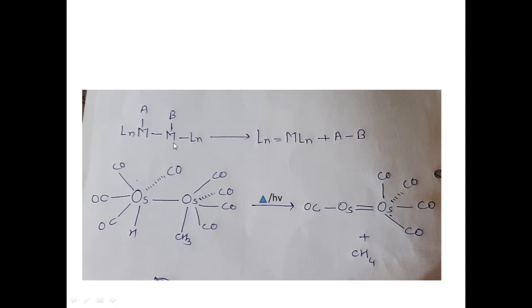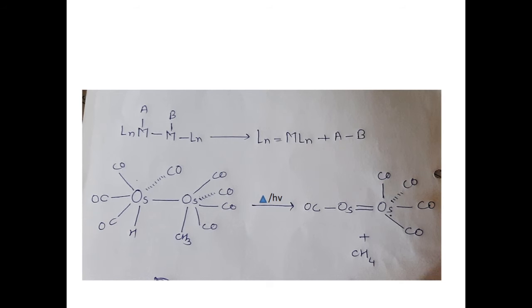In mononuclear there is one metal center. In binuclear reductive elimination there are two metal centers. This is the definition of binuclear reductive elimination.